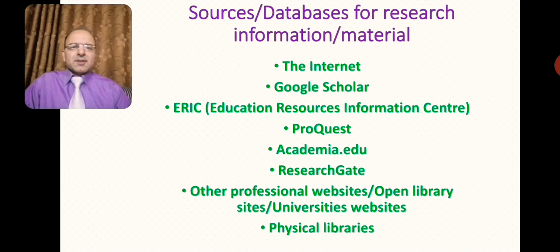And of course the physical libraries, which are becoming more and more obsolete now. So these are different sources of databases that you can use for your research, and especially for your literature review.